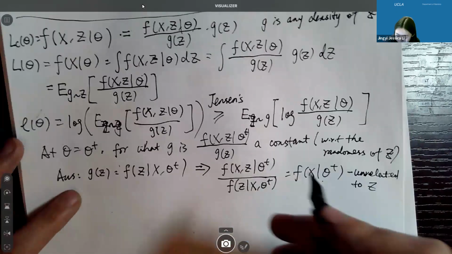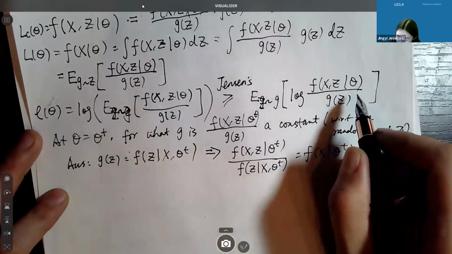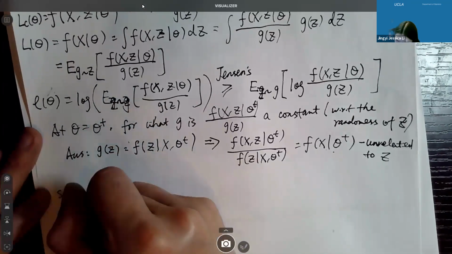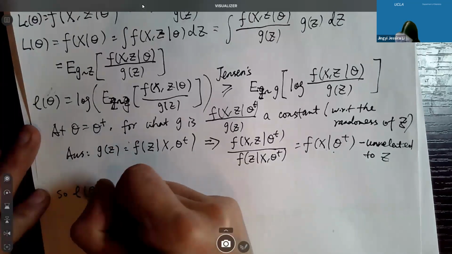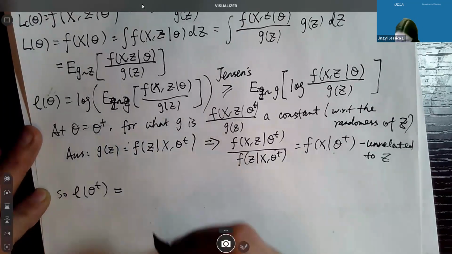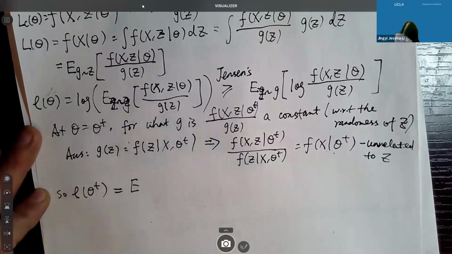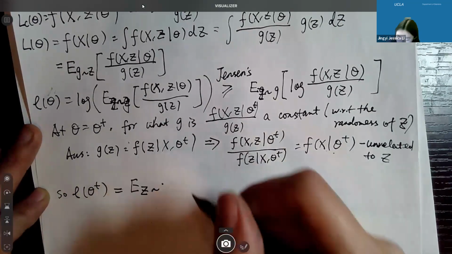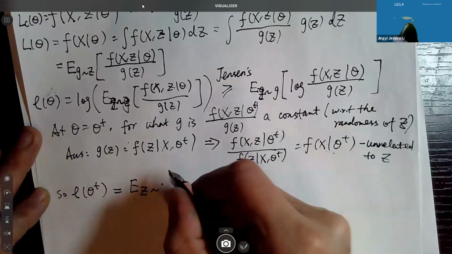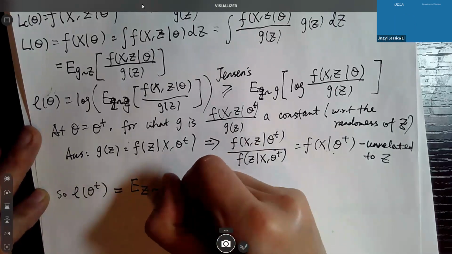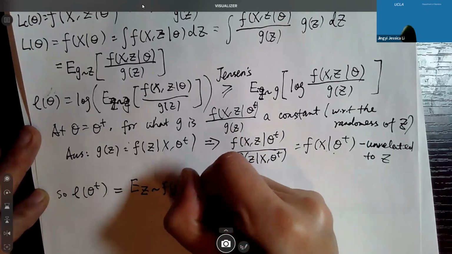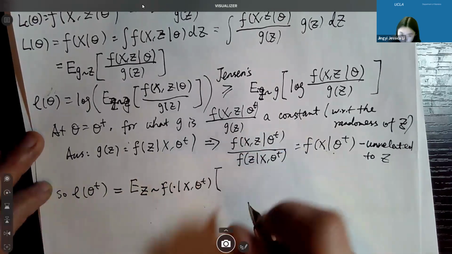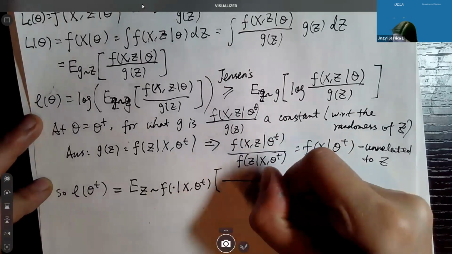So basically, if we have this right-hand side, we would have L(theta t) equals the right-hand side. Here, the right-hand side is that if we let z follow the conditional distribution, as we said above, this conditional distribution given x and theta t, then the left-hand side equals the ratio on the right.